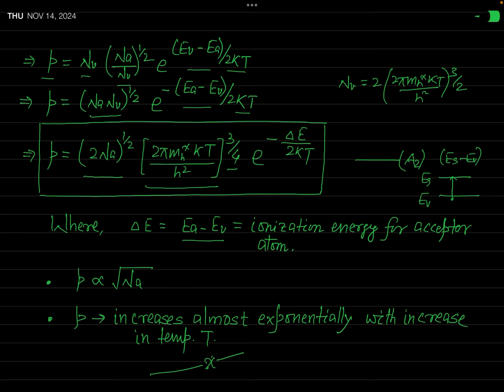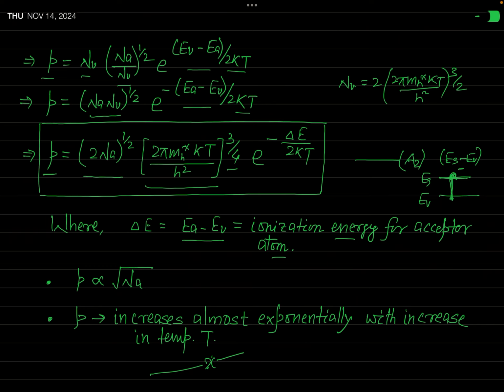When this electron moves to the acceptor level, the atom in the acceptor level becomes a negatively charged ion. So EA minus EB is the measure of the ionization energy of an atom present in the acceptor level. So this is called the ionization energy for the acceptor atom. And this is the expression for the concentration of holes in the valence band in a p-type semiconductor.